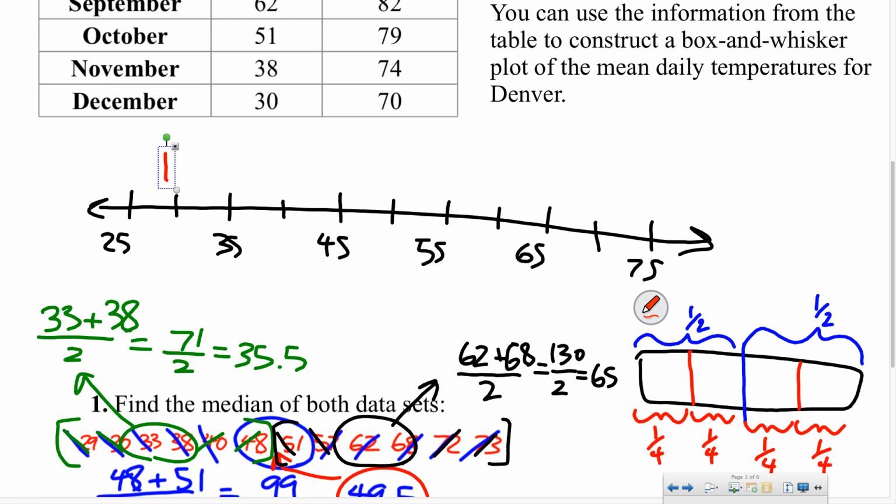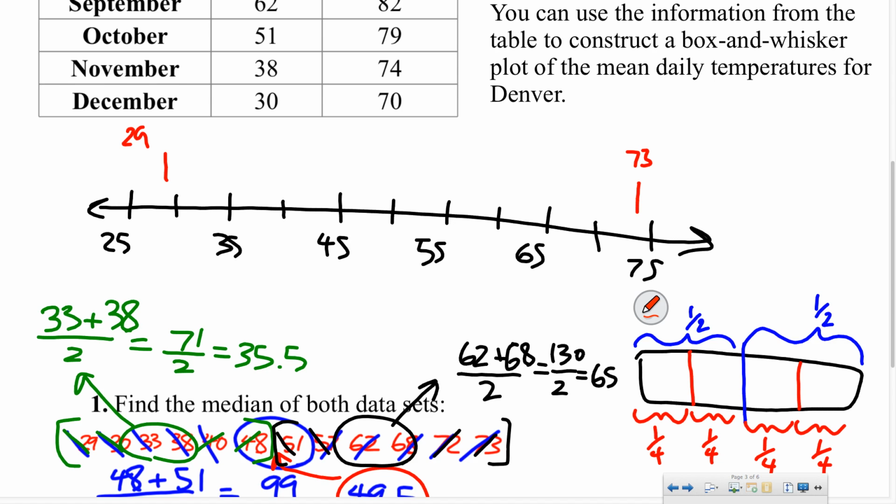That's almost 30, right? So you guys see how I almost put it to 30? Okay. Now, the greatest value in the data is what? 73. So it's not going to be at 75. It's going to be a little less than 75. And I'll go ahead and label this just so you guys see. This is 73. And then over here, this is 29.